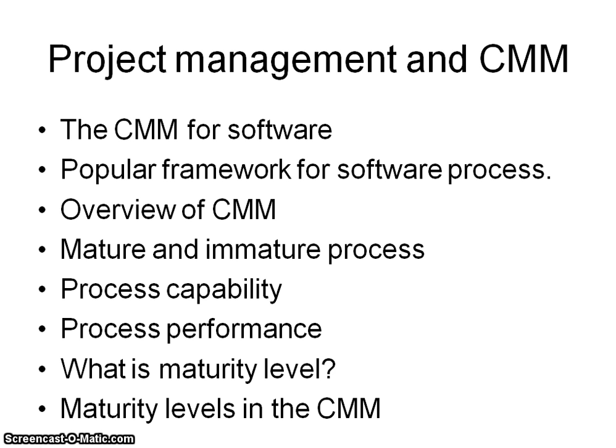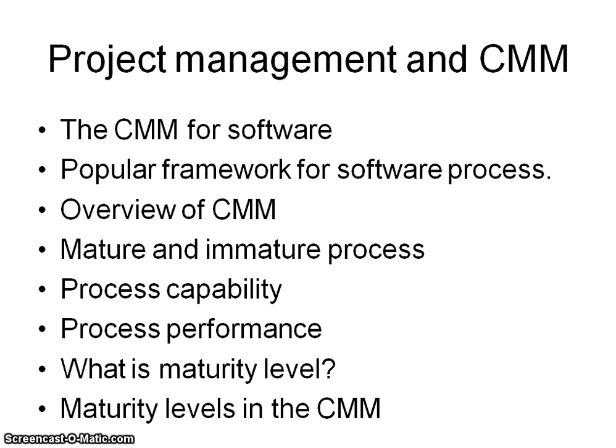Hence, the CMM framework describes the key elements of software processes at different levels of maturity. Consequently, it also specifies the path that a software process follows in moving from immature processes to highly mature processes.